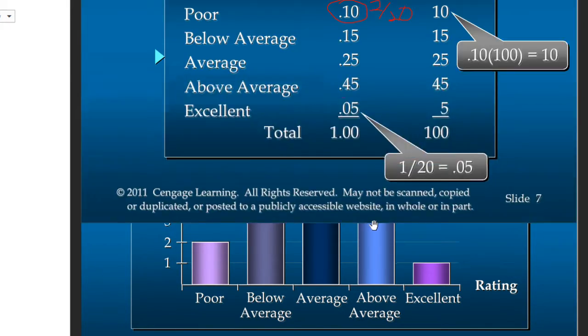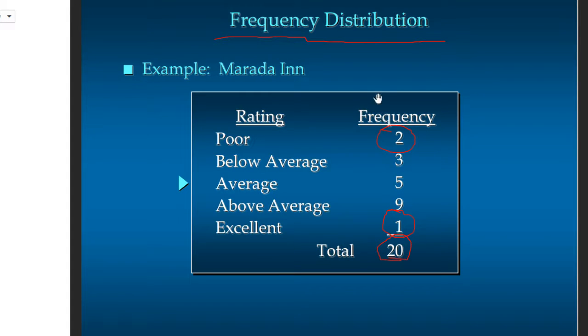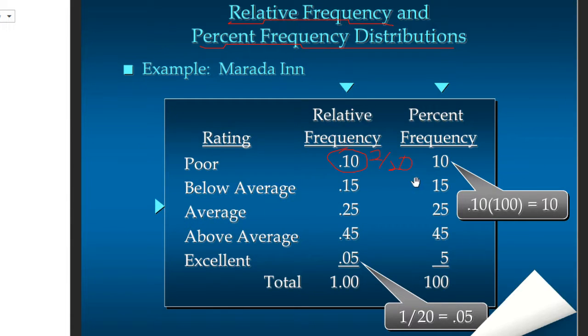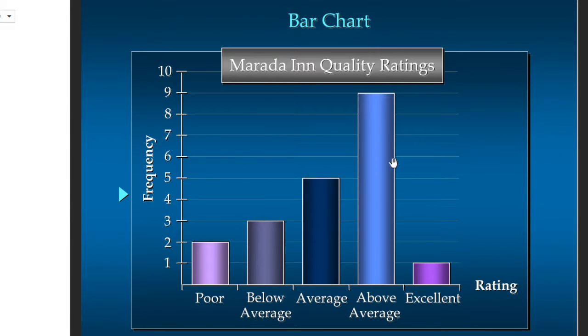So basically you are converting this table into this graph, and they use bars, so it's called the bar graph, bar chart, right? So if the question says graph the bar chart, then we are going to convert the table into this chart.